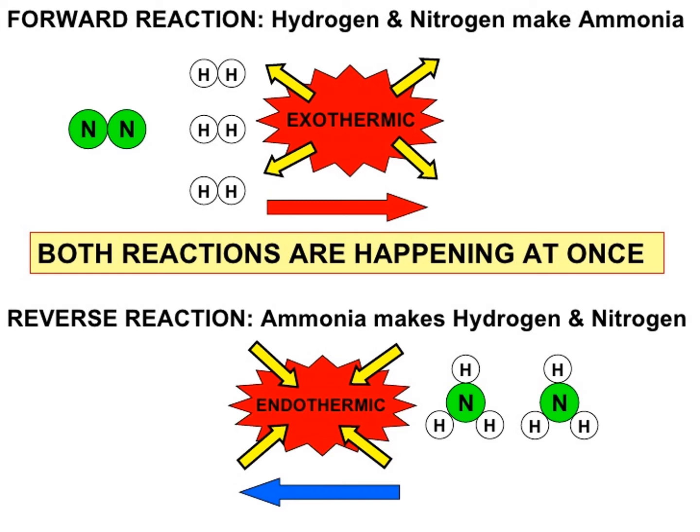So in such reversible reactions, if the forward reaction is exothermic, then the reverse reaction is endothermic. And the adjacent figure shows how the formation of ammonia is an exothermic reaction.